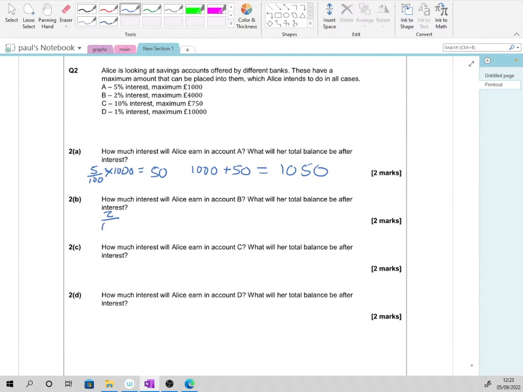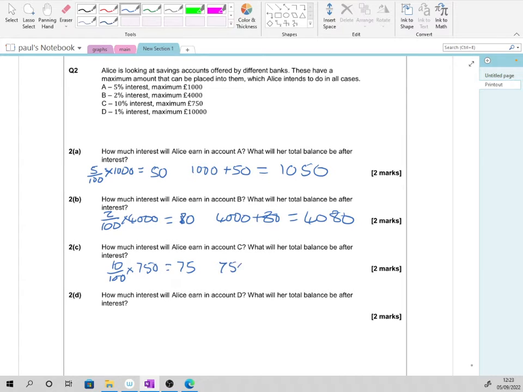How much will she earn in account B? 2% of £4,000. So 2 divided by 100 times 4,000 is 80. And we've got 4,000 plus 80, which equals 4,080. How much would you get in account C? 10% of 750 is 75.